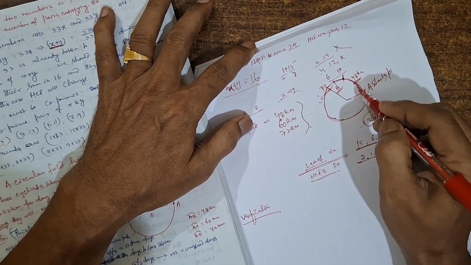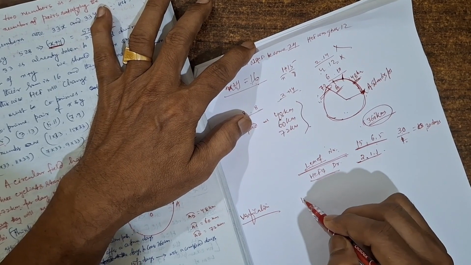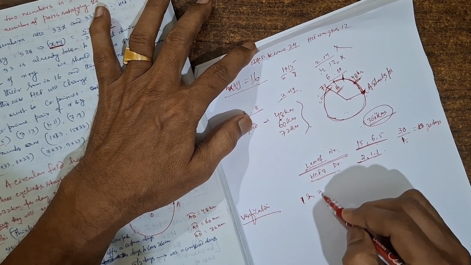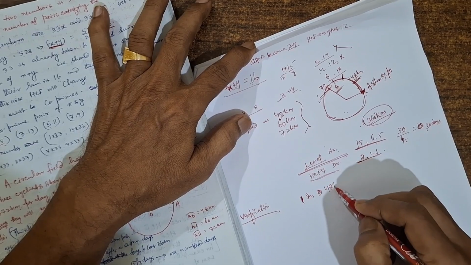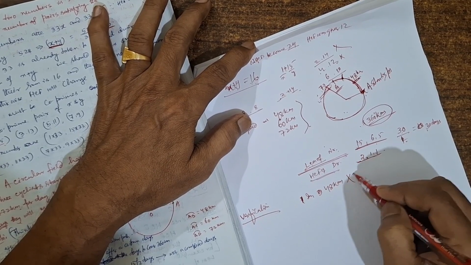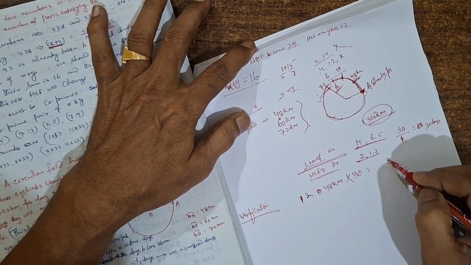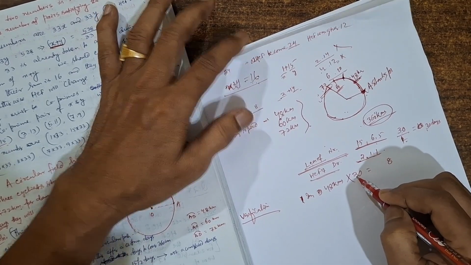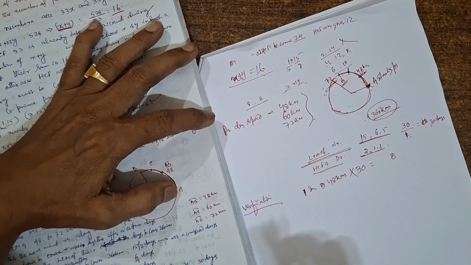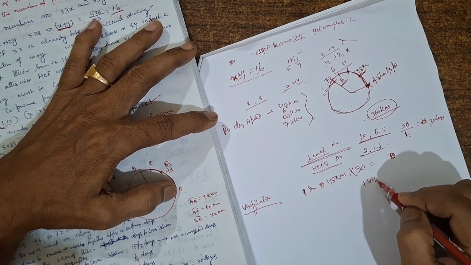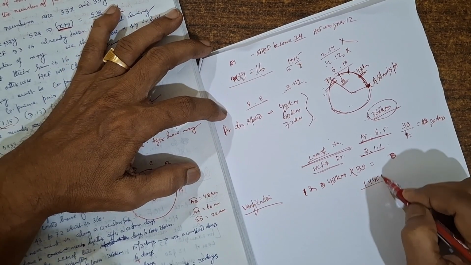After 30 days, at 48 kilometers per day, 30 into 48 is 1440 kilometers.